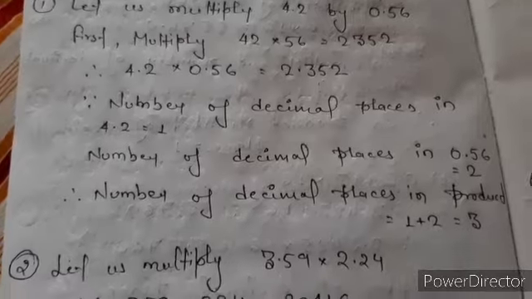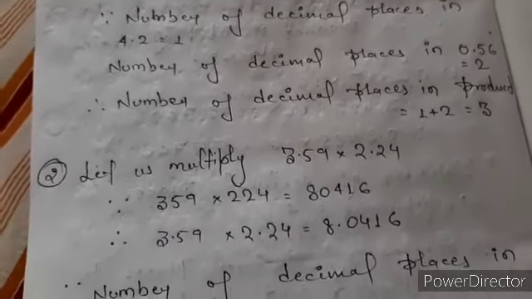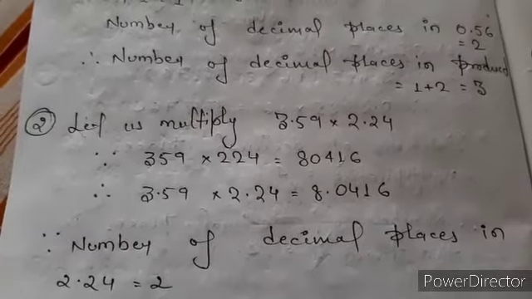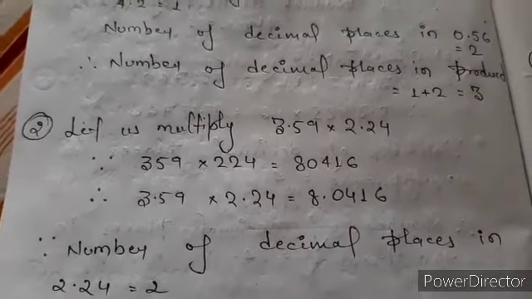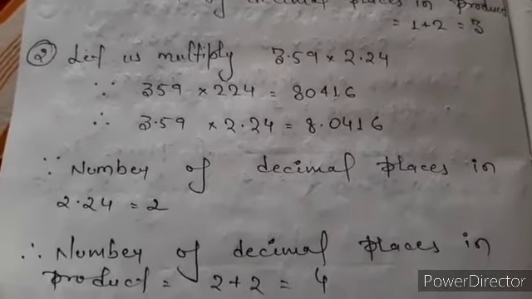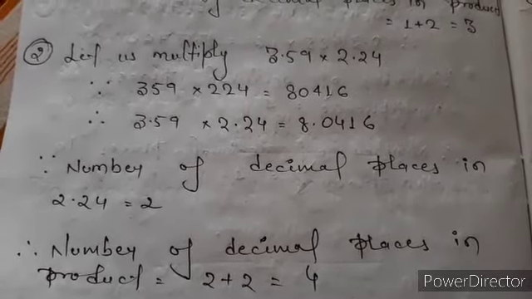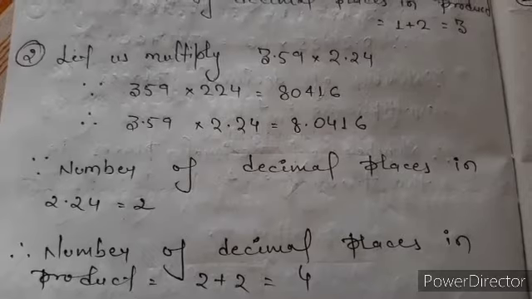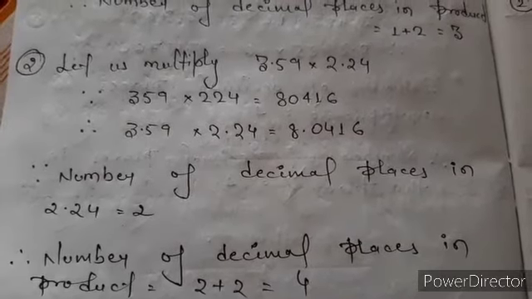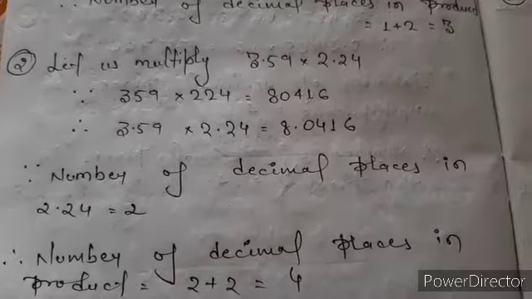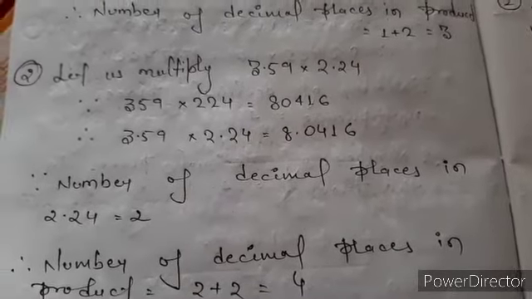In question 2, let us multiply 3.59 into 2.24. Since 359 into 224 is equal to 80,416, hence 3.59 into 2.24 is equal to 8.0416.